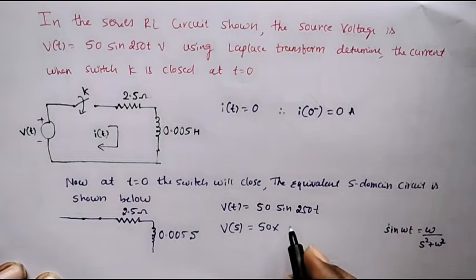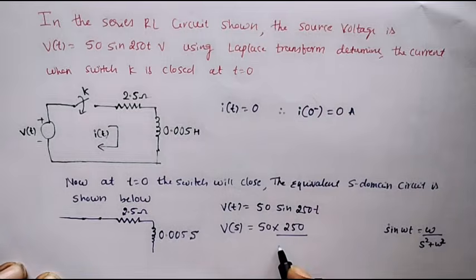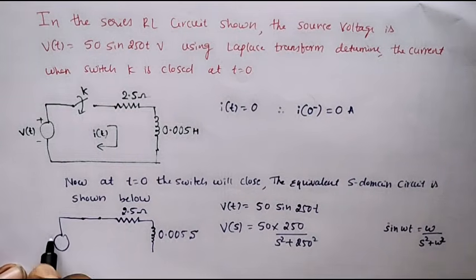Therefore I can write it as, here omega is equivalent to 250, that is 250 divided by s square plus 250 square. So now I have converted the time domain equation into S domain, and this will be now V(s).